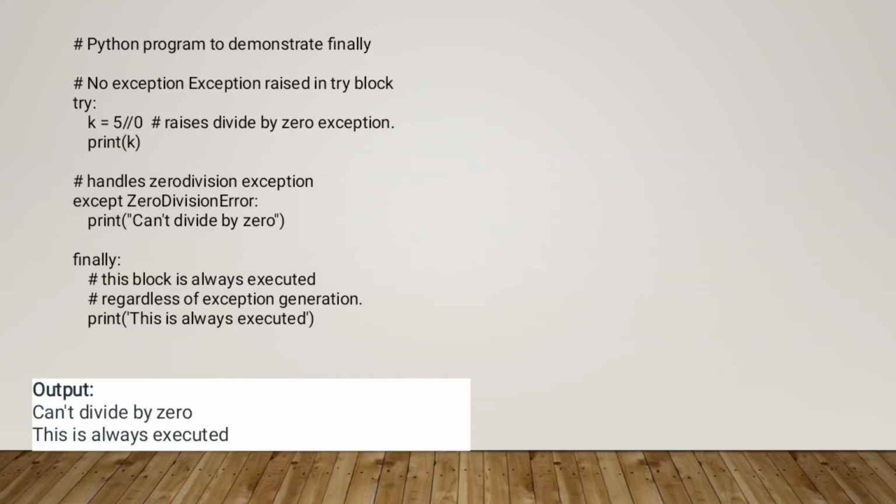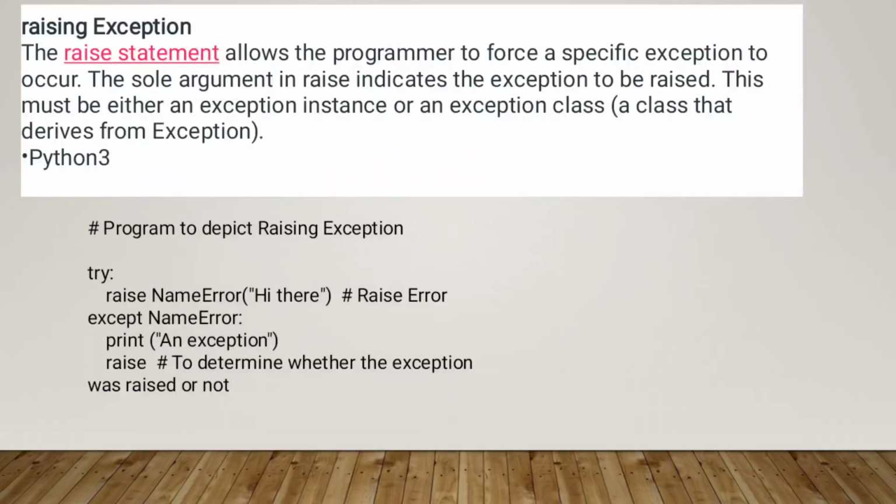So if the output cannot be divided by 0, we give that this is always executed. So that prints that part, this is always executed.